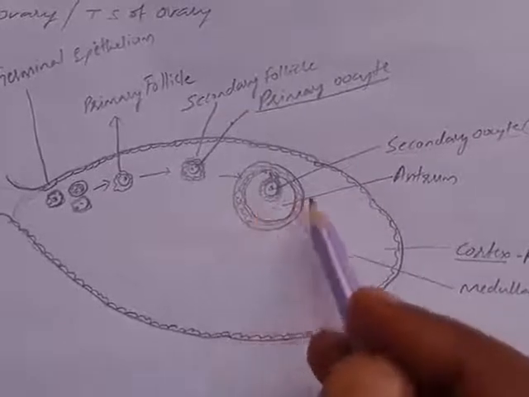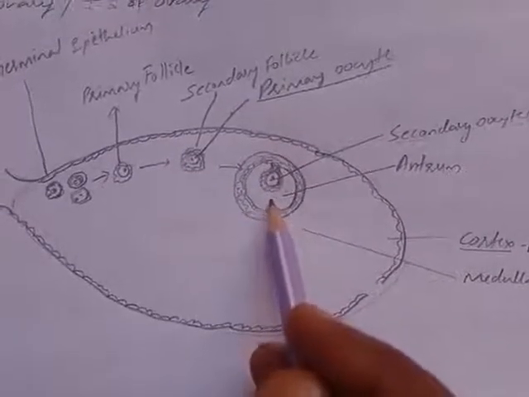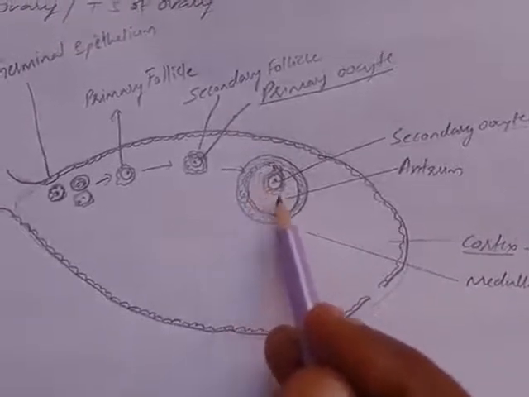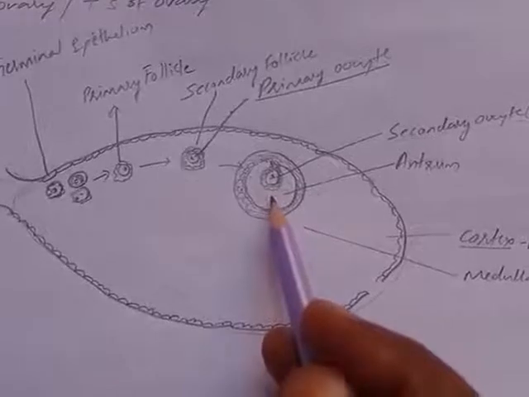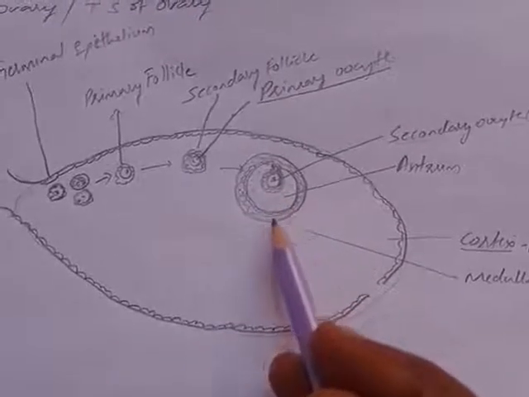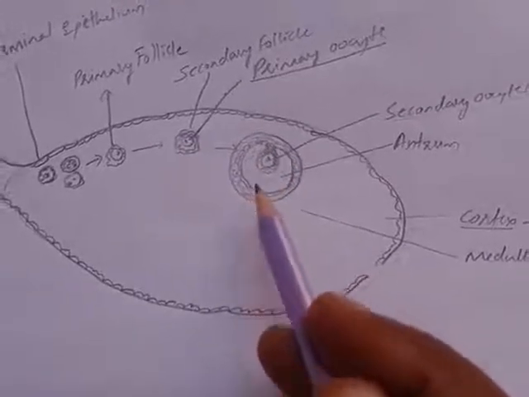No need to label all these parts. Just for information, we should know this is not empty space. The antrum is the cavity filled with the liquor folliculi, which is secreted by the follicular cells. These are surrounded by follicular cells.